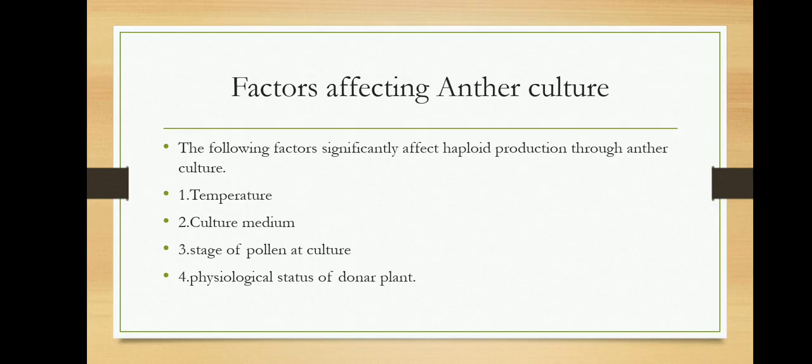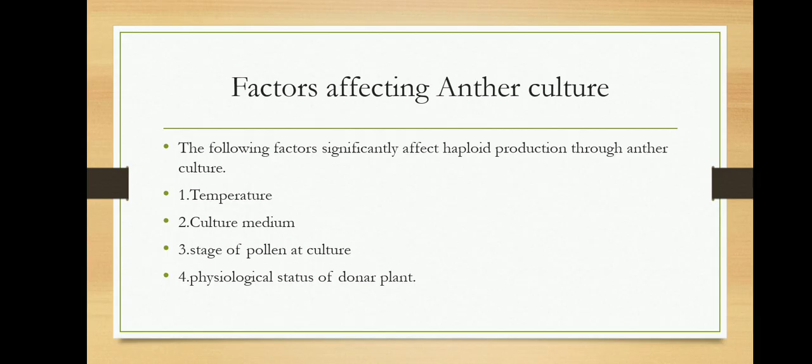Of the various mineral salts, the macronutrient iron plays an important role in the induction of haploid plants. And coming to the carbohydrate supply, sucrose is generally used at a concentration of 2%.